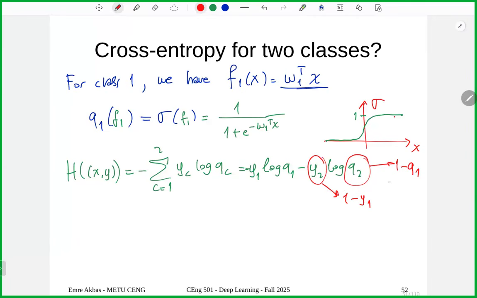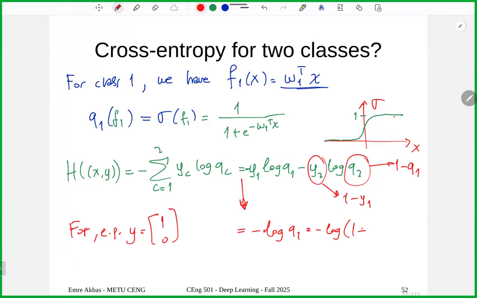And when we make these substitutions, for an example, let's say that belongs to class 1, this is the label vector, the cross entropy will be like this. Y1 will be 1, so minus log Q1, which is log of 1 plus e to the power minus y1 w transpose x.